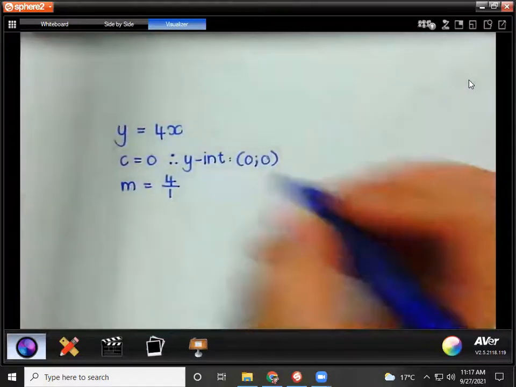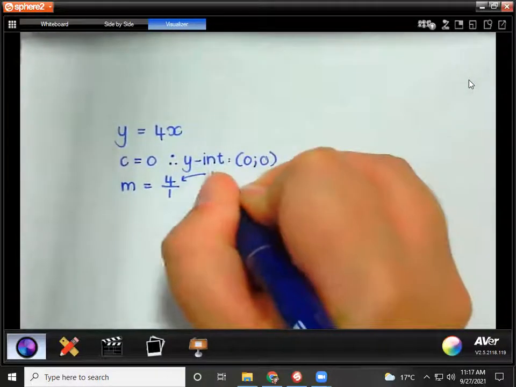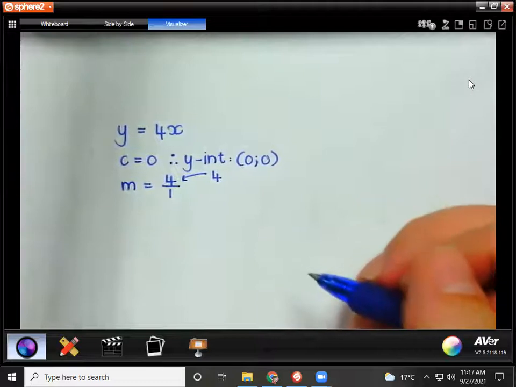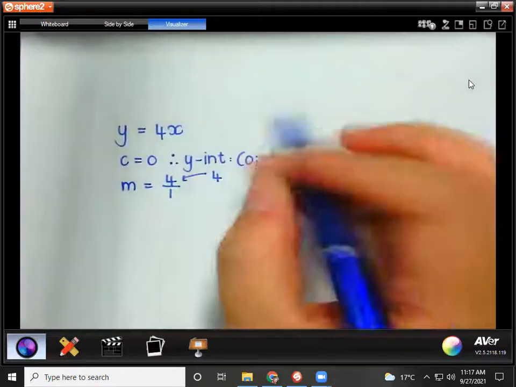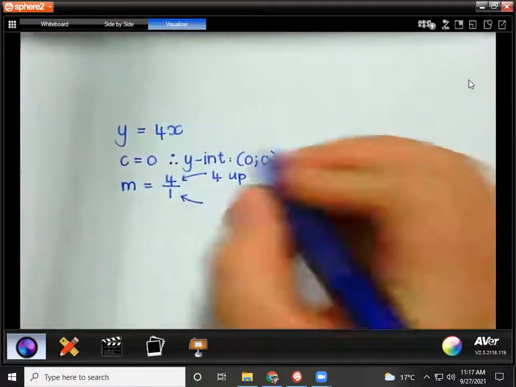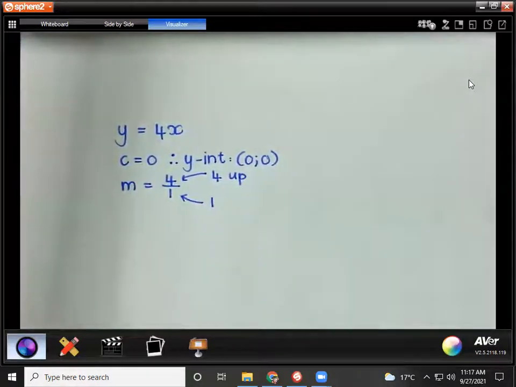What does that tell me? I'm going to have to move 4 units in what direction? Up, because it's positive 4, hey? 4 units up. And at the bottom, I'm going to have to move 1 unit to the left or right. What do you think if it's positive 1? To the right.